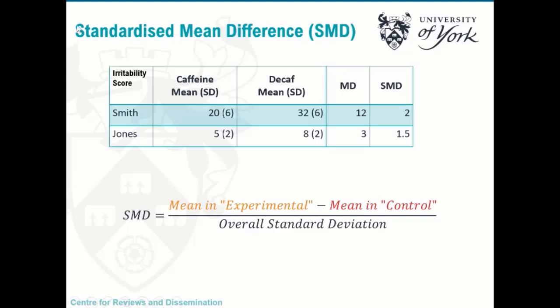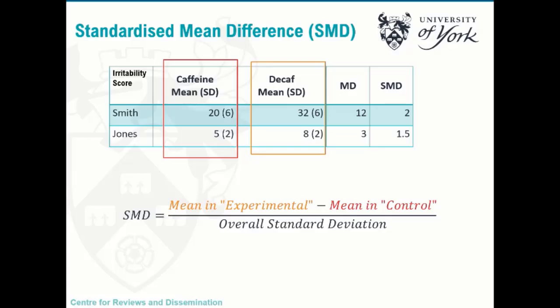For the Smith study, the mean difference is calculated to be 32 minus 20, which is equal to 12. As both experimental and control groups have the same standard deviation, which is 6, the overall standard deviation would also be 6.